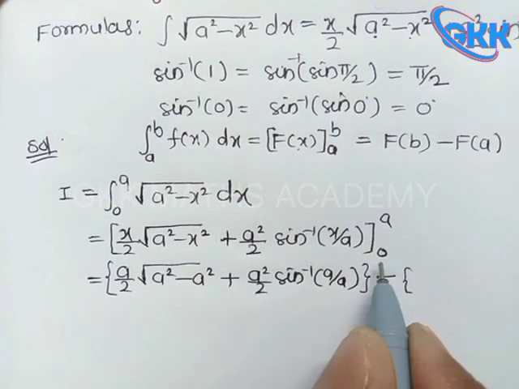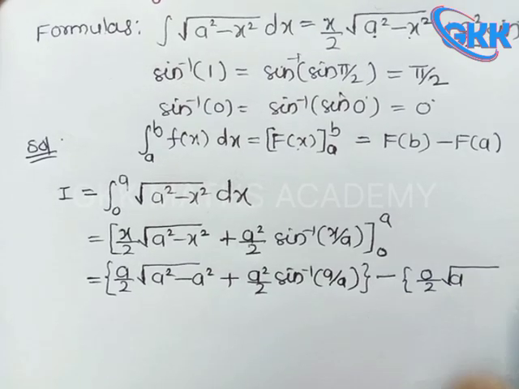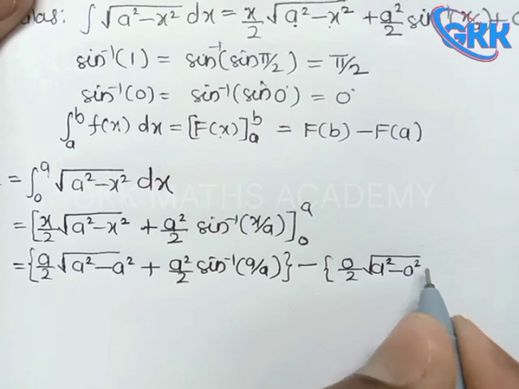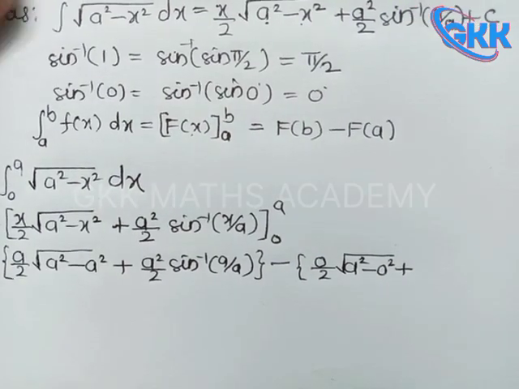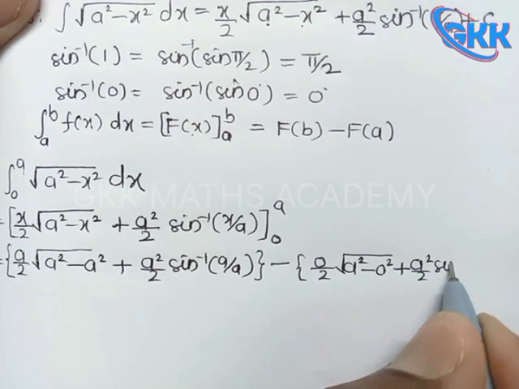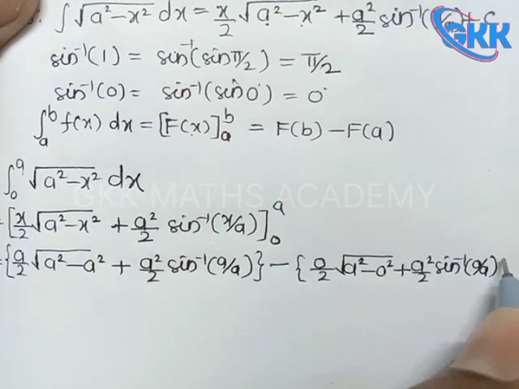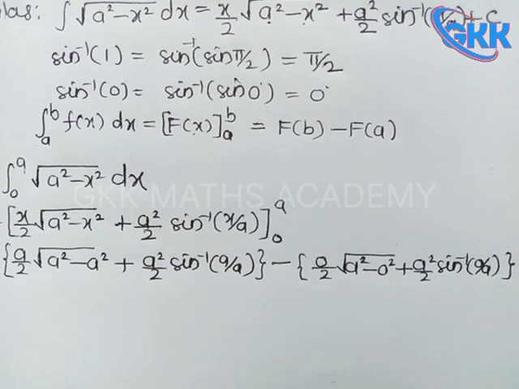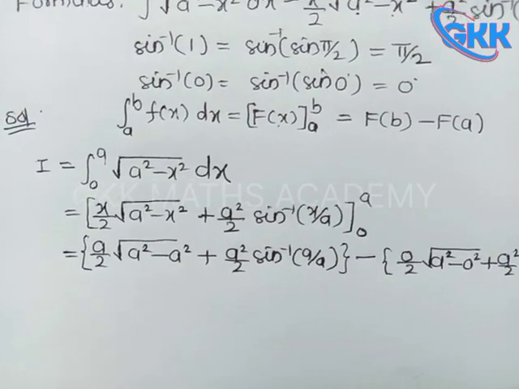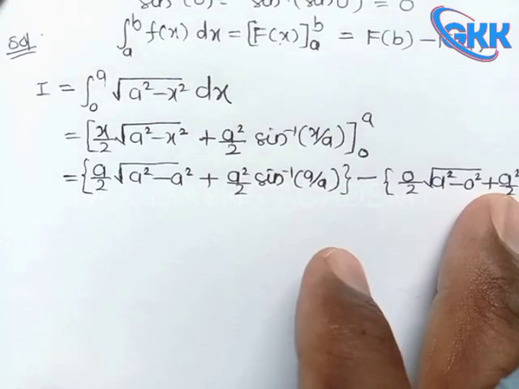What is the lower limit? 0 upon 2 times the square root of a square minus 0 square, plus a square upon 2 sine inverse of 0 upon a. This is the lower limit. Clear? Upper limit minus lower limit. In place of x we substituted a first and 0 here.